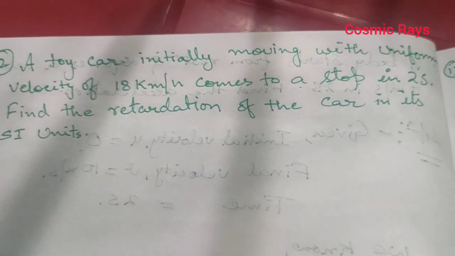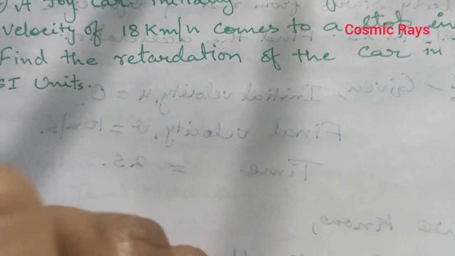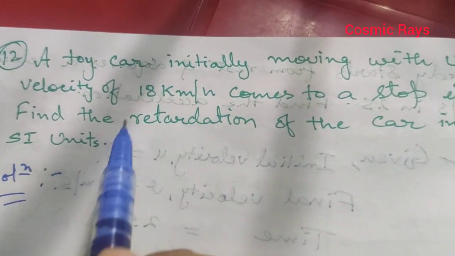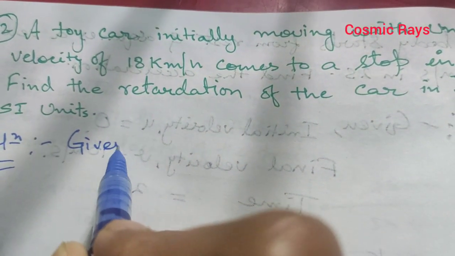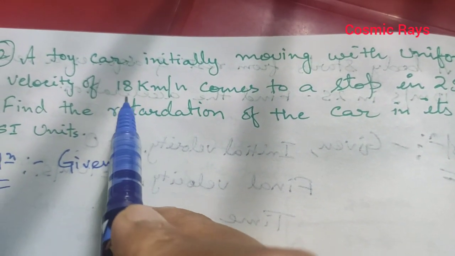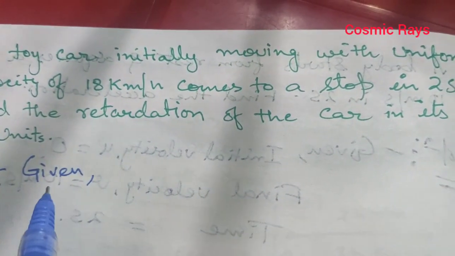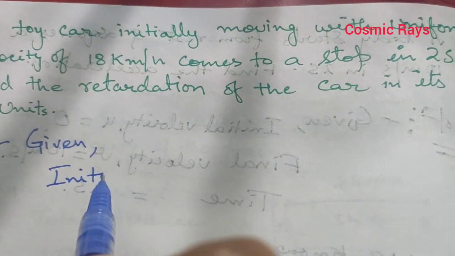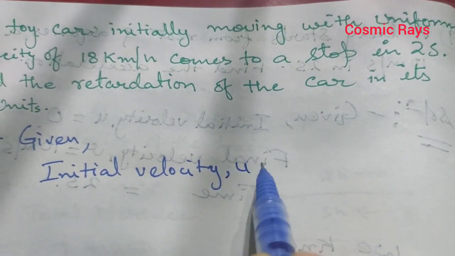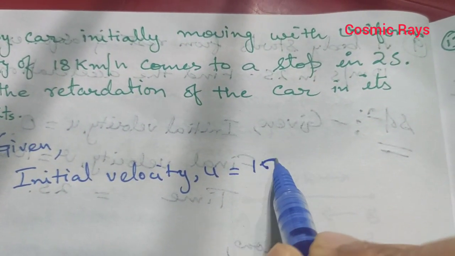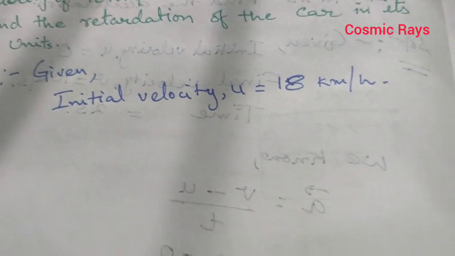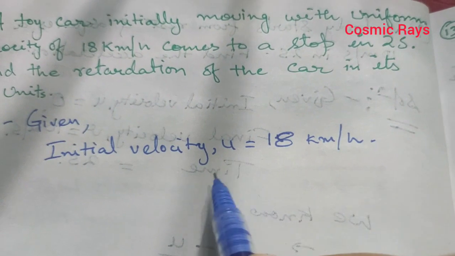Let's do it. Let's write the given things. So here, what are the things given to us? Initially moving with the uniform velocity 18 kilometer per hour. So initial velocity u is 18 kilometer per hour. I have already told you while solving question number 1 how to convert it.